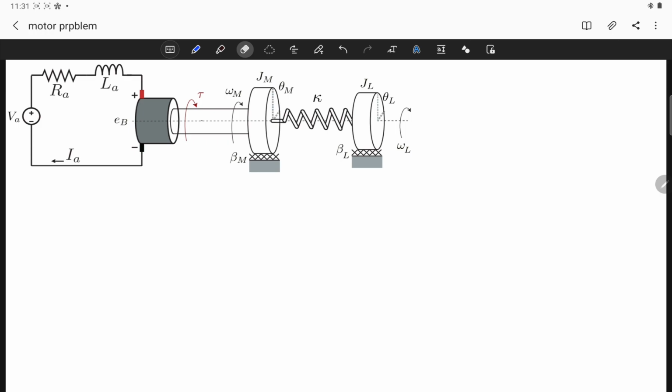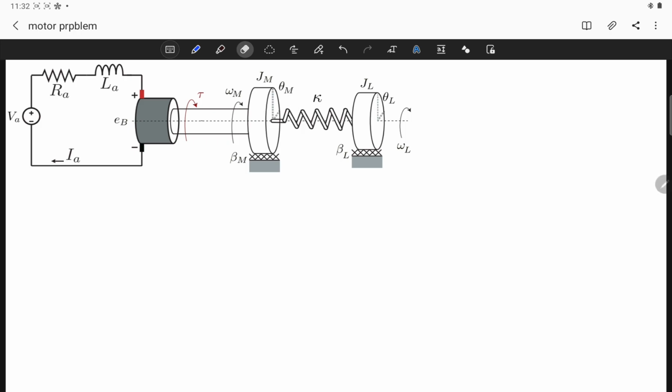Okay, so the electrical motor generates a torque, which directly affects the shaft of this Jm inertia. As you can see, it has an angular velocity, and it has an angular displacement theta m. But we will not directly use theta m in the equations. I will show you later. And as you can see, this is also affected by the torsional spring.